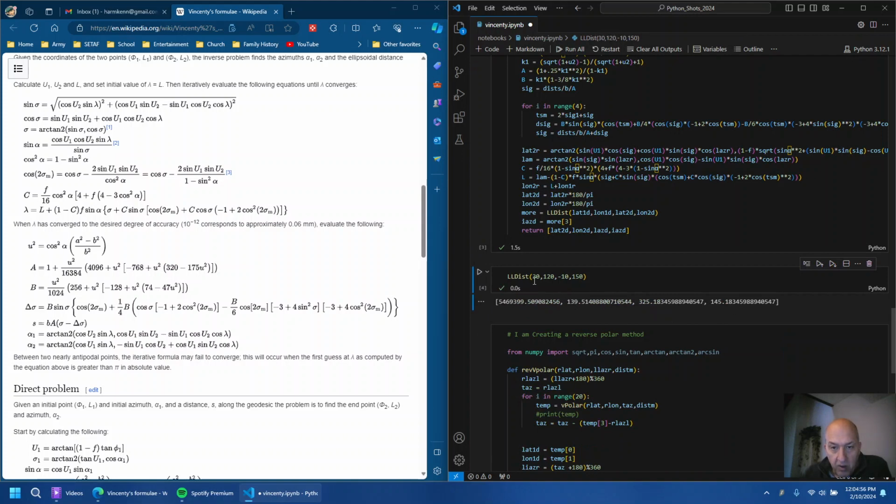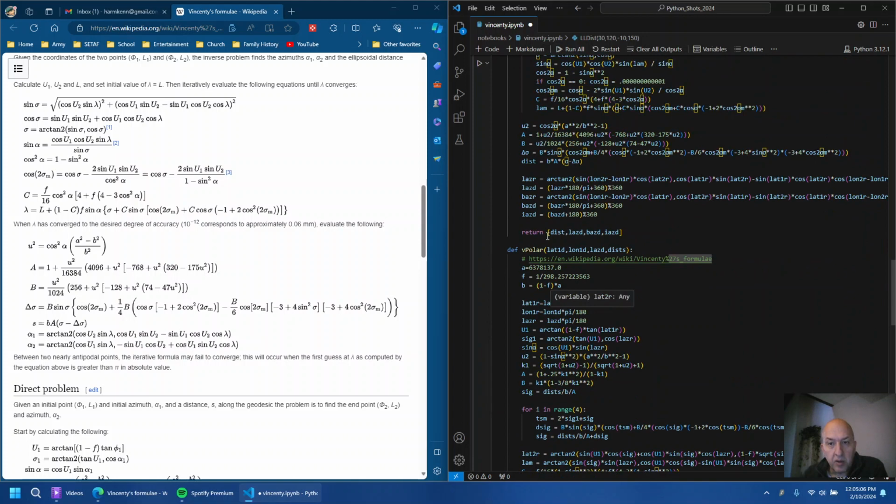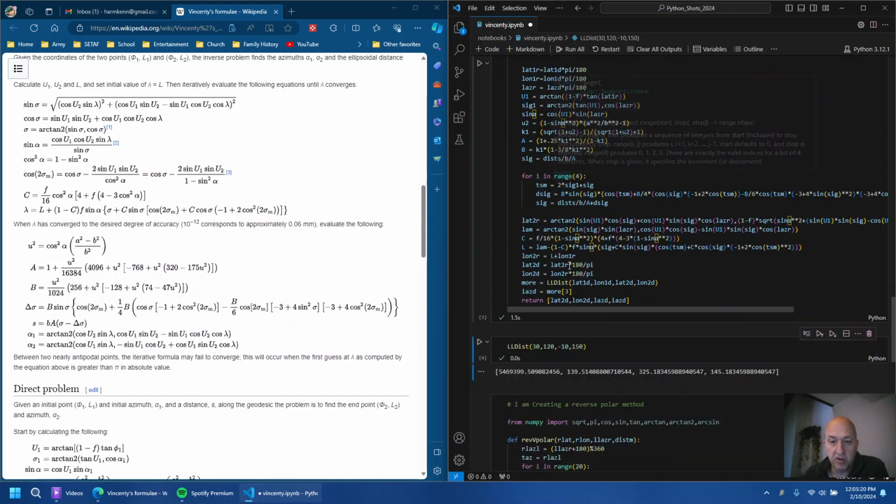So now, when I'm going from here to here, it's going to pop out the distance in meters, the direction in degrees from point 1 to point 2, from point 2 to point 1, and then the impact azimuth as I come into point 2.